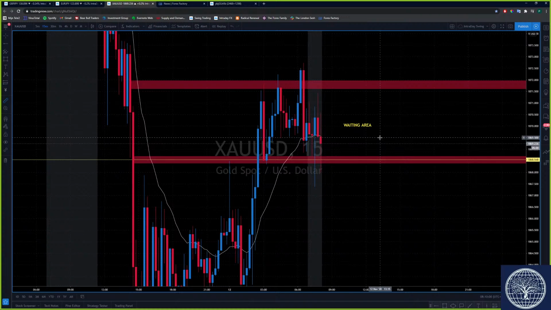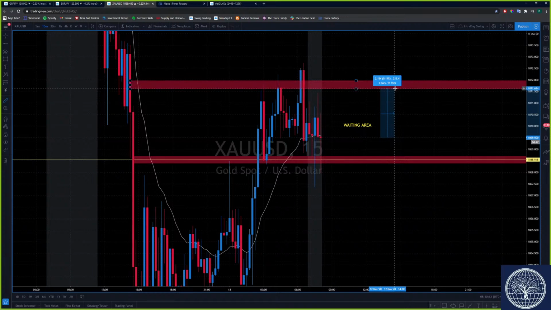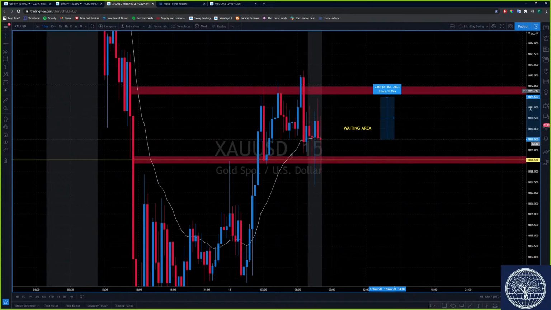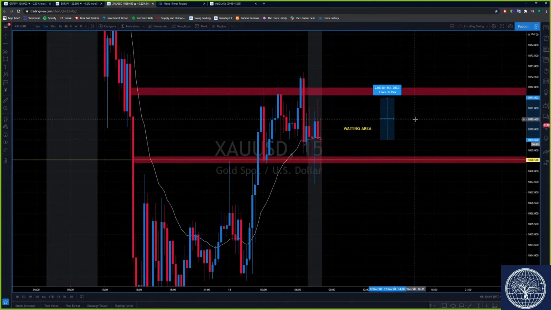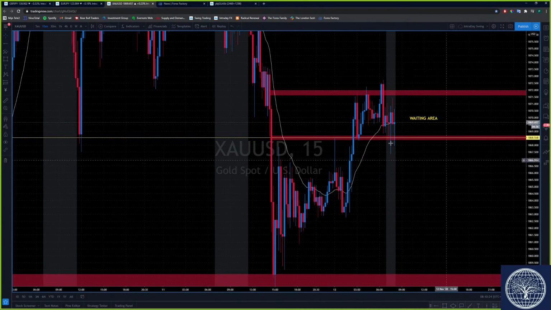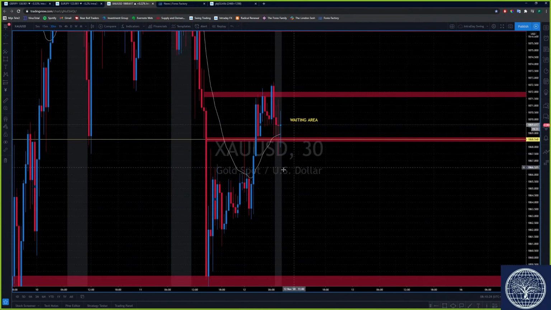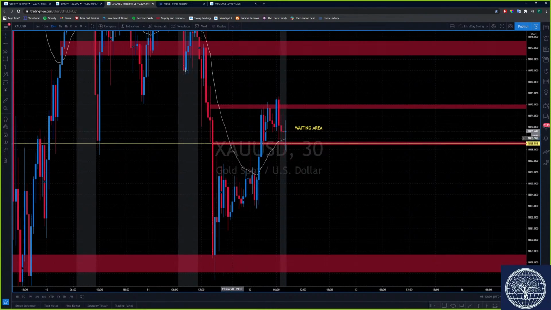Yeah, 10. So I think having a 20 pip stop loss is what I think is the most acceptable. And anything above 20 pips, then it's too big.